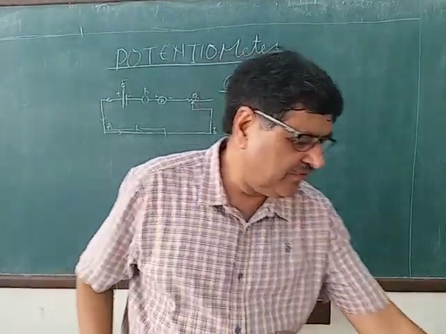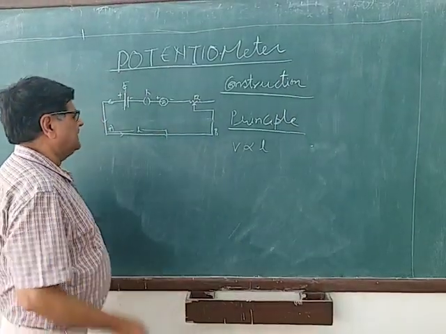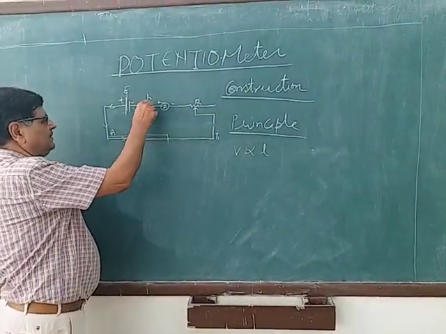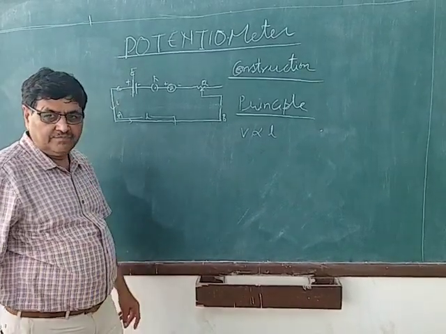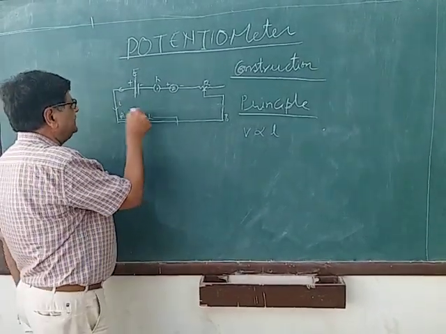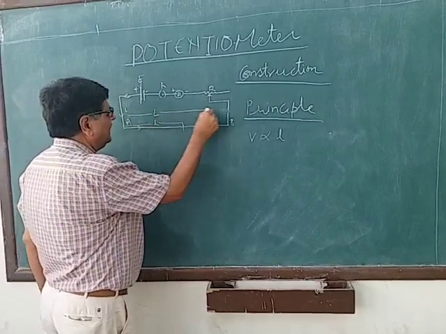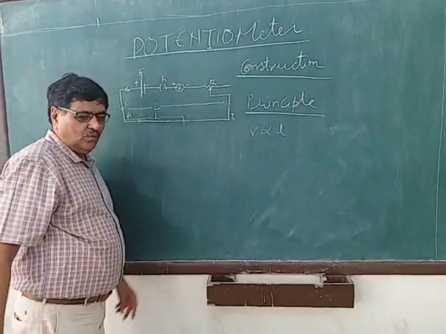Now, if we close this key, current starts flowing. Let's say I is the current flowing through it, and L is the total length of the wire.